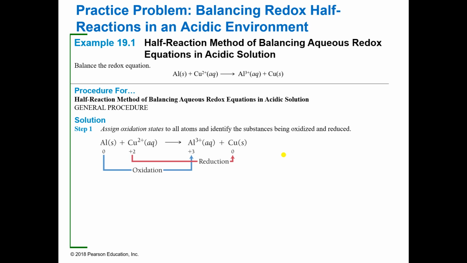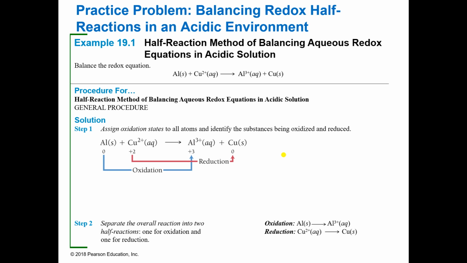It is a loss, therefore it is oxidized. The copper starts at 2+ and goes back to its solid state, which is its free state. So it goes from 2+ to 0, which means that it is reduced by 2 electrons. So we can separate out these half reactions now that we know what we're dealing with.